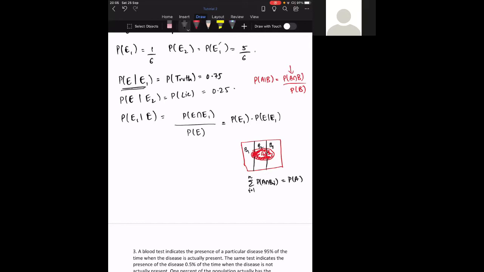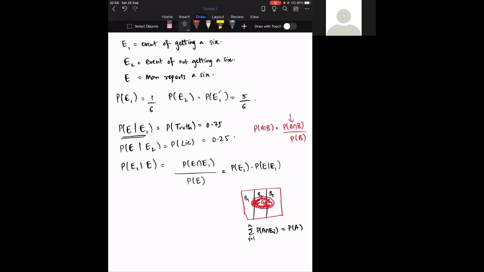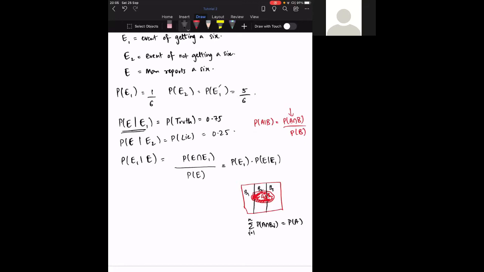Hence, हमारे पास सिर्फ दो ही हैं कि E कैसे हो सकता है, which is कि वो man reports 6. या तो वो असल में 6 है या तो असल में 6 नहीं है. So we can look at it as the intersection with E1 plus the intersection with E2. और इस intersection को हम अगर conditional वाली form में लिखना चाहें, क्योंकि we have the figures for that form.